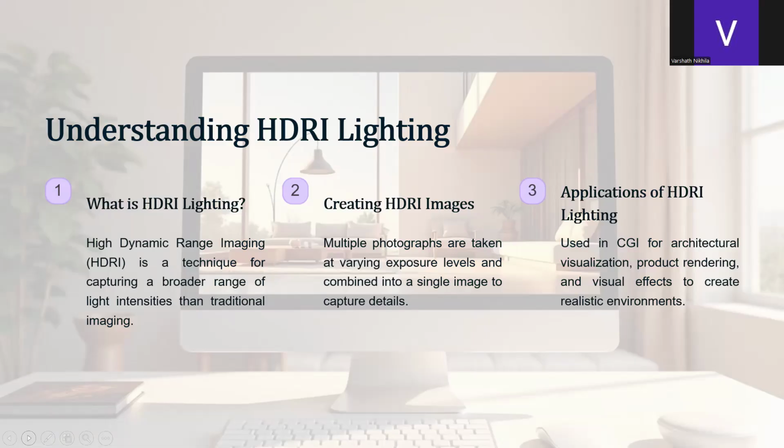An HDRI image is made by combining photos taken at different exposure levels, capturing both shadows and highlights perfectly. This technique is used in CGI to light scenes naturally, with realistic reflections that match the digital world with the real one. Architectural renders and VFX shots often rely on HDRI for lifelike integration.